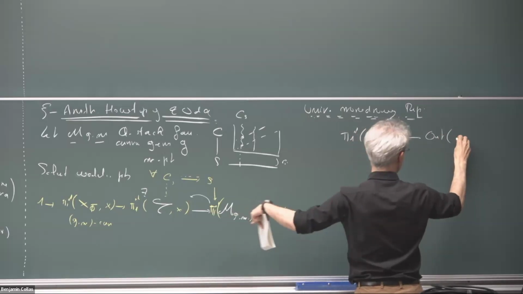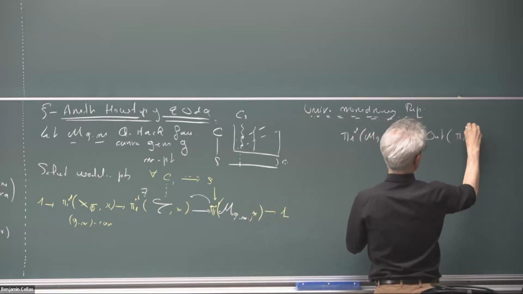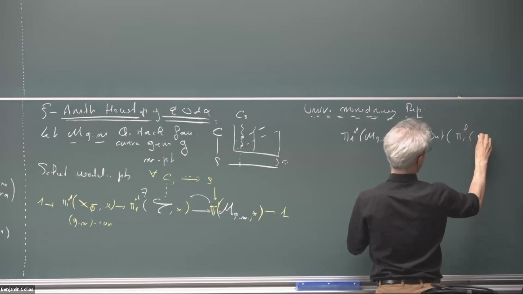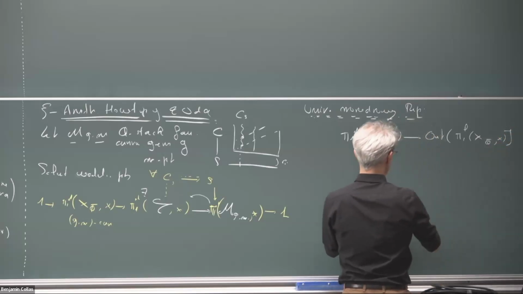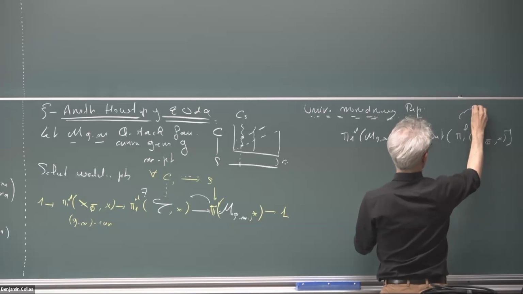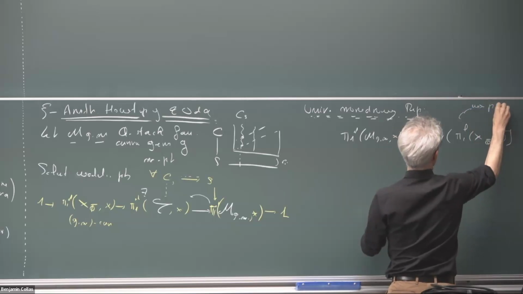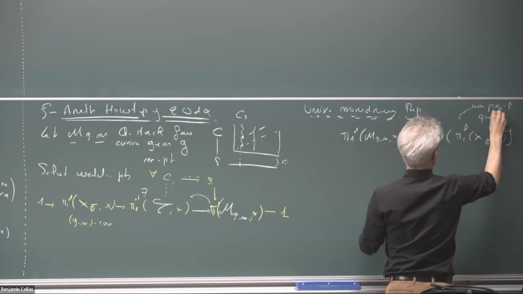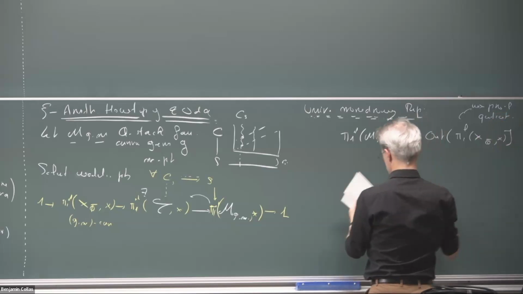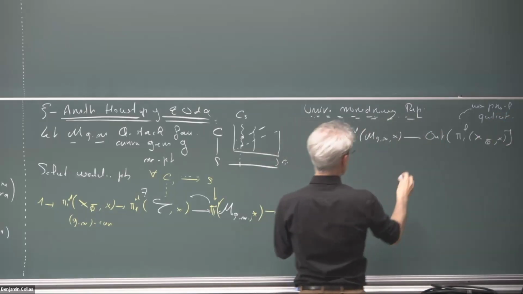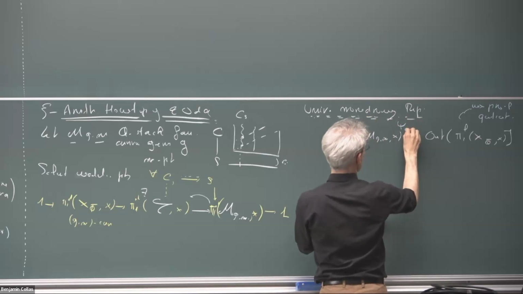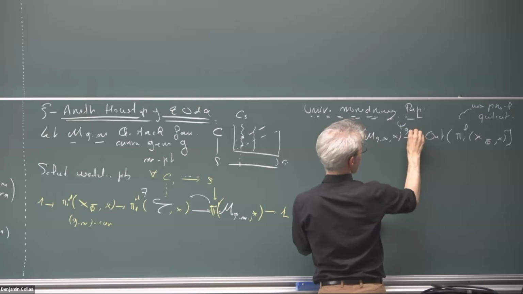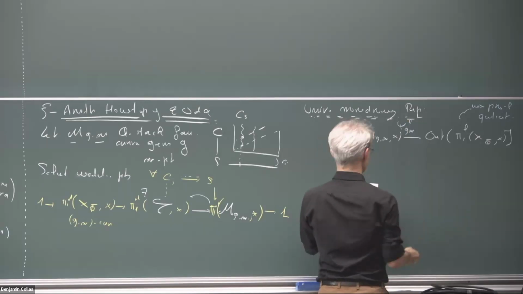I don't make a choice of the section, π_1, and here I will take the maximal pro-l quotient. So this is a maximal pro-l quotient. Okay, so that would be my universal monodromy pro-l representation. I denote that ψ_{g,m,l}.